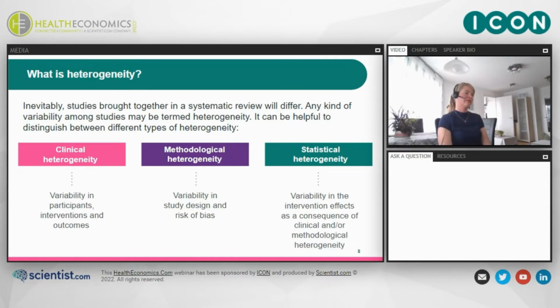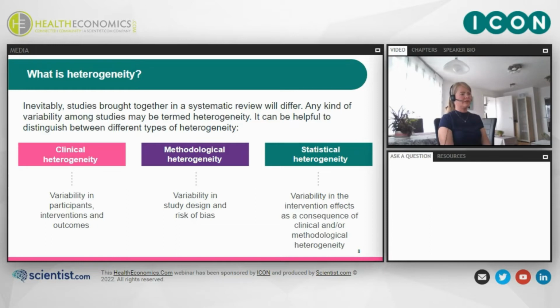And so we distinguish 3 types of heterogeneity. Clinical heterogeneity would be variability in participants, interventions, and outcomes. For example, if we have studies with a very old population and with a very young population we want to pool. Methodological heterogeneity is variability in study design and risk of bias.